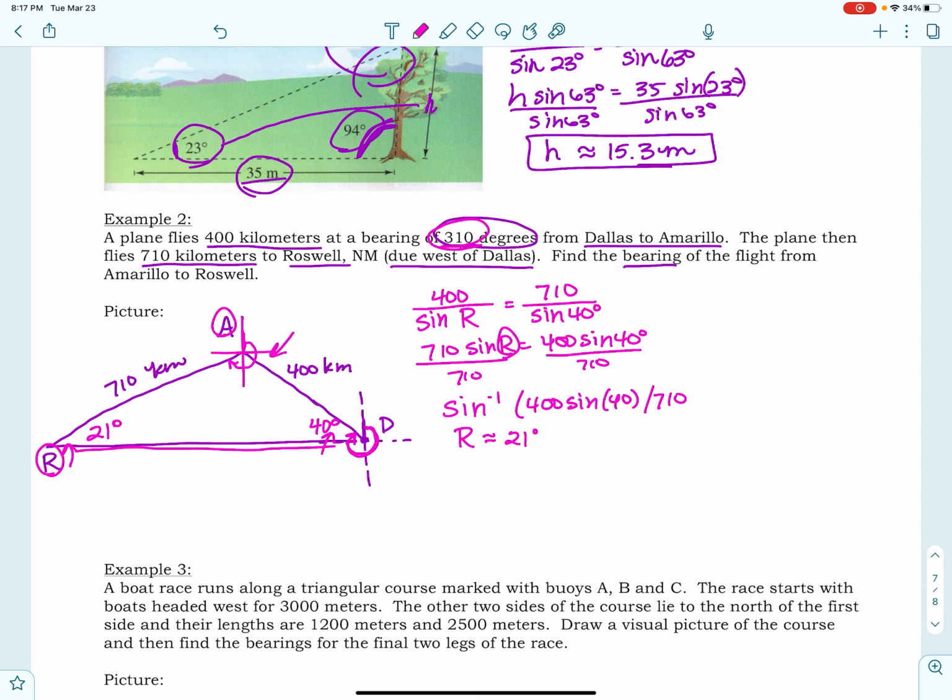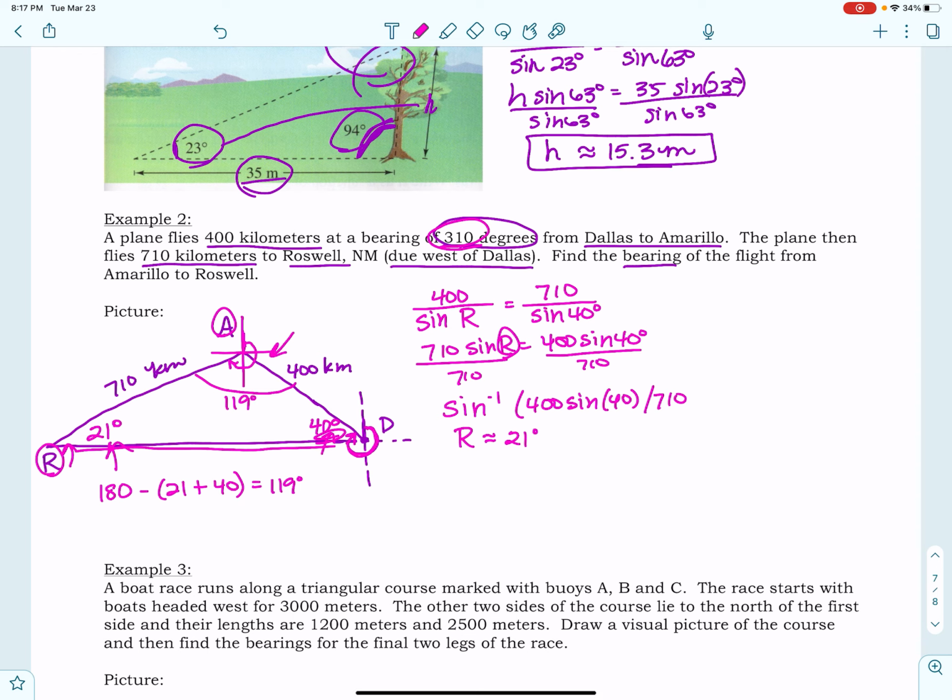Why is that helpful? Well, because if we know this angle and we know this angle right here, then we can determine what this whole angle is, and that will help us. All right, so this angle, I've got 180 minus 21 plus 40, which ends up giving me 119 degrees. So this angle is 119 degrees.